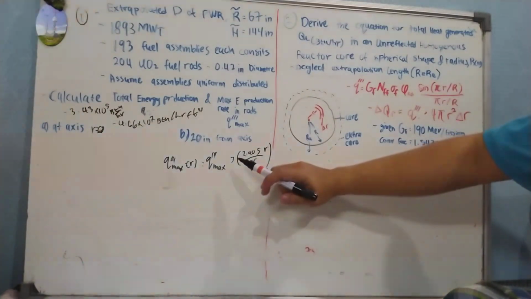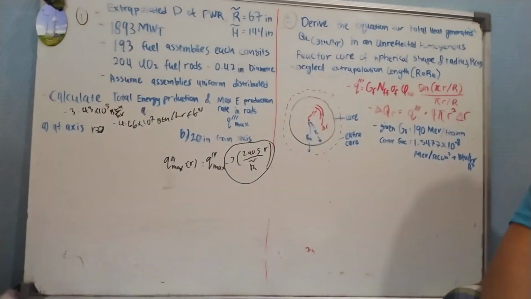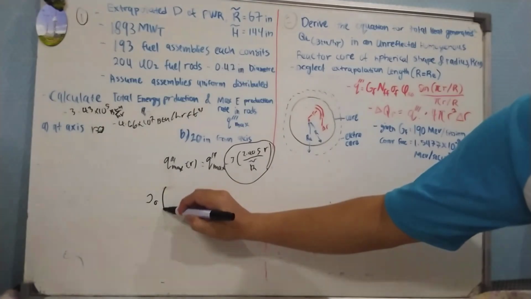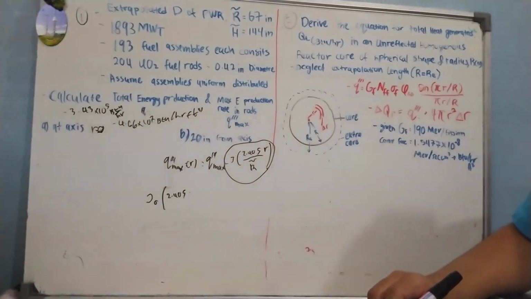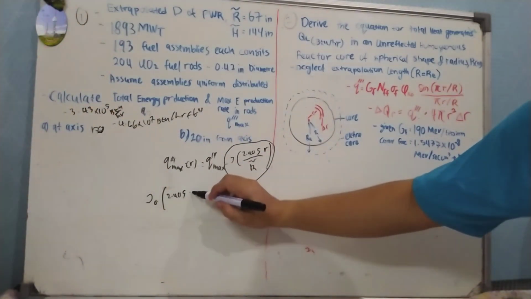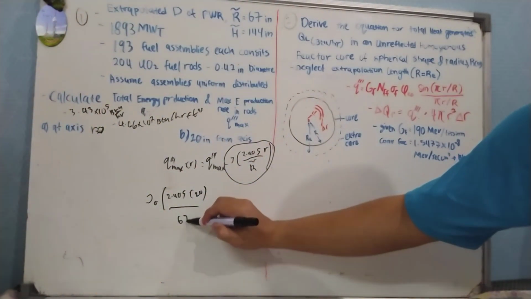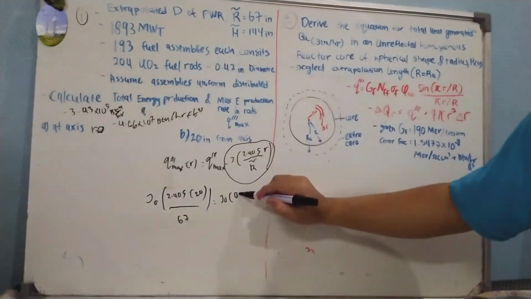So just times this factor here. J0 of 2.405 times R, where R is the radial position, meaning 20 inch away, and R extrapolated is 67, we get 0.718.